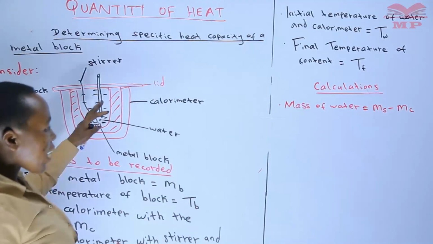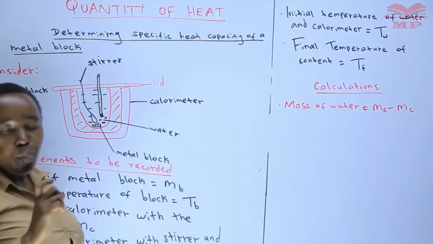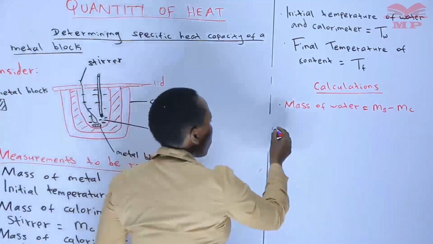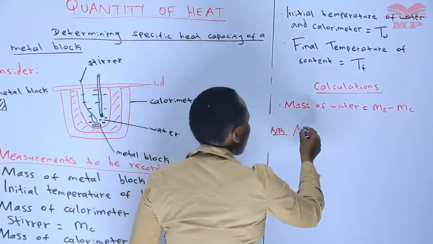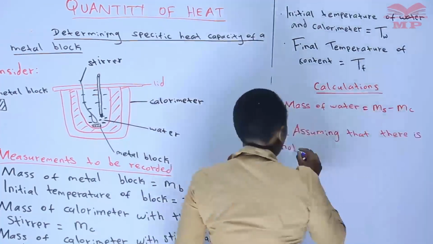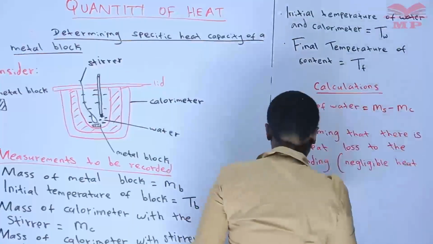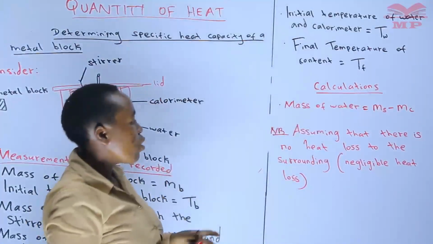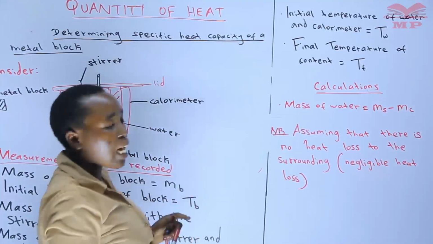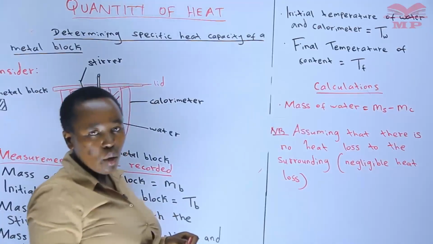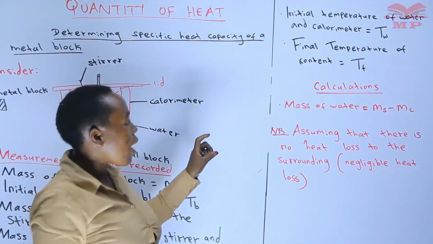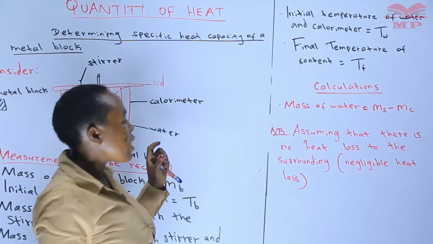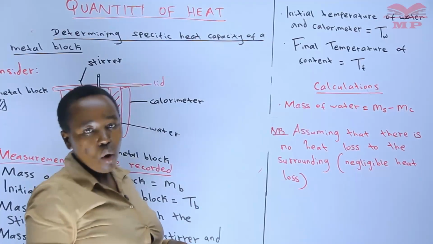Now, in this experiment, note that we are assuming the heat loss is negligible, then it will mean the following. Because we are using the calorimeter to minimize the heat loss to the surrounding, in our calculations the assumption is that there is negligible heat loss.